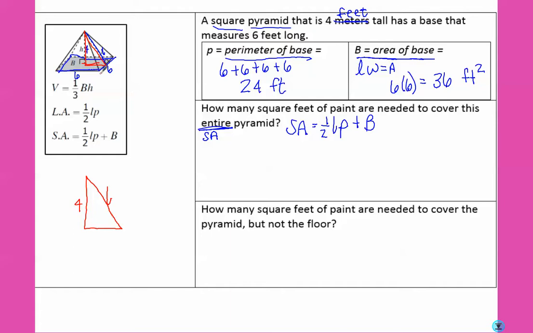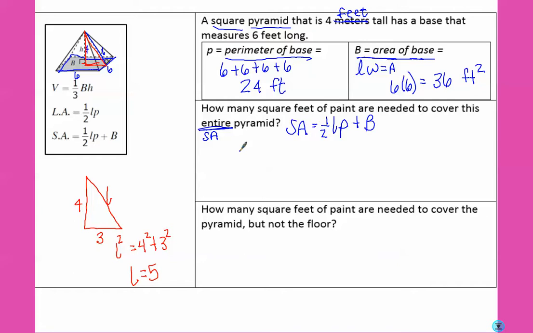So half the length of the base would be 3. So we know that L squared equals 4 squared plus 3 squared. Either solve the Pythagorean theorem, or you might remember that 3, 4, 5 is a Pythagorean triple. So L equals 5.